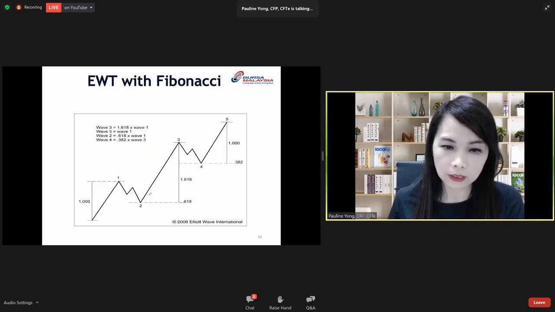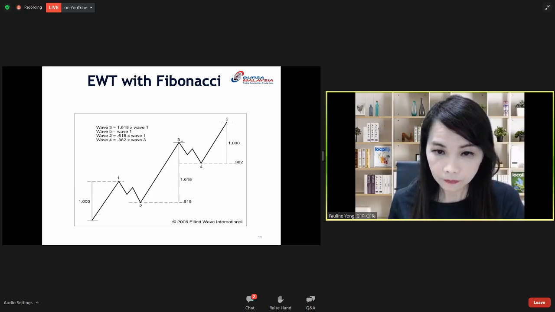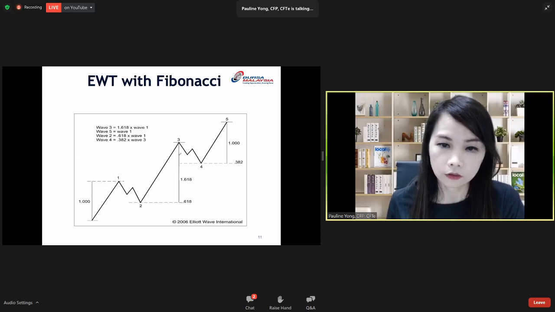So when we measure wave 1, wave 3, and wave 5, we measure the perpendicular height, whereby the swing high is here and the swing low is here. We are measuring from the top of this swing high to the bottom of the swing low. This is a perpendicular height, and you measure this height.